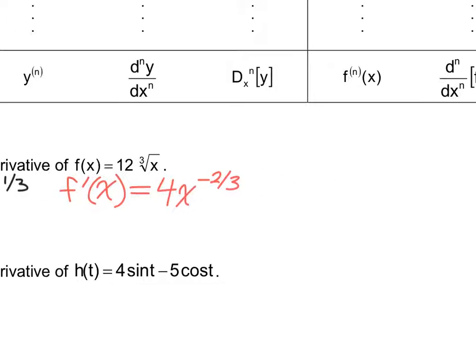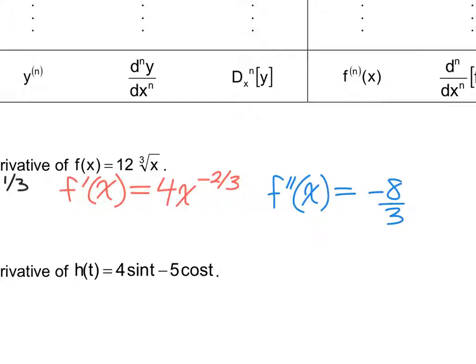All right, so I need the second derivative, so I take the derivative of my derivative. What is the derivative of 4x to the negative 2/3? It's x to the negative 5/3.